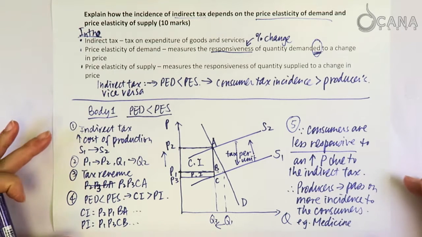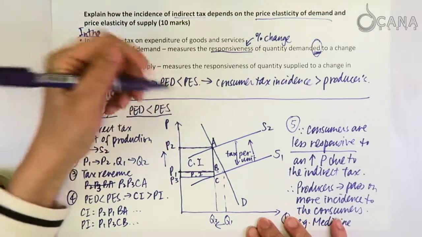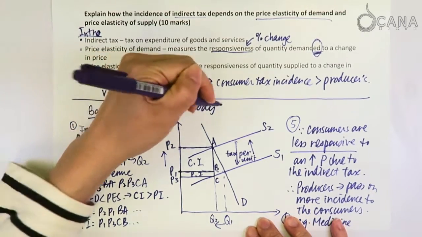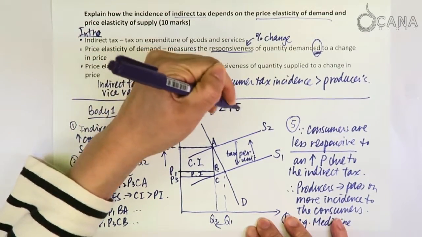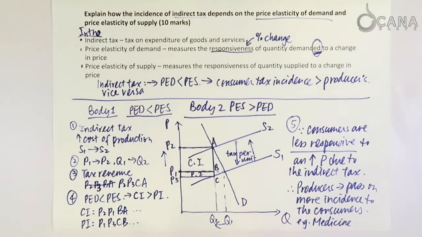So is that the end of the essay? Definitely not. We should do one more body, body 2, which showcases when PES is greater than PED. So this will be the flip side of the whole story. Now we can actually do it very quickly because the idea is basically the same.